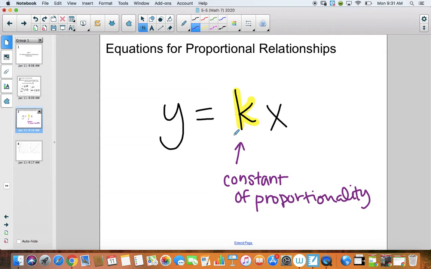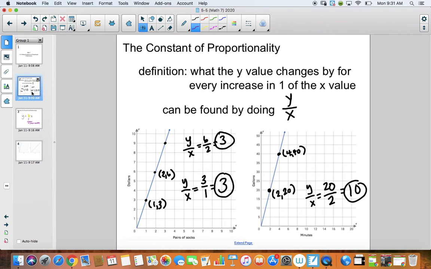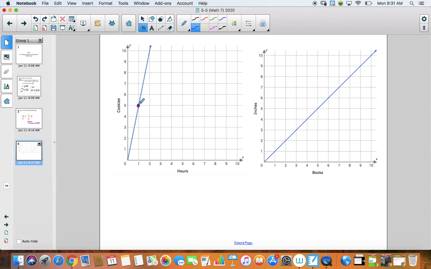Okay, so we have to do exactly what we did before with finding our constant of proportionality. That's our first step. So I've got a point here that I'm going to use. That point is 1, 5. I need to do y over x, which is 5 over 1.